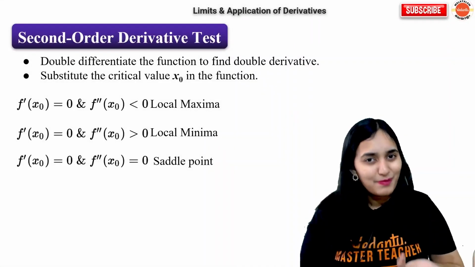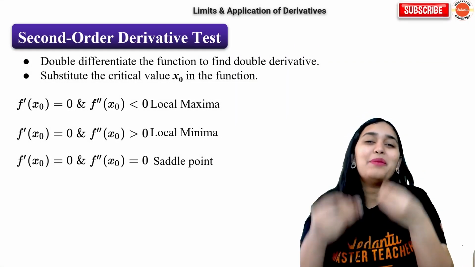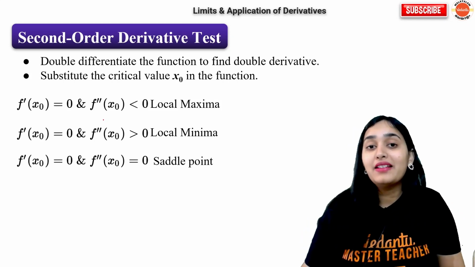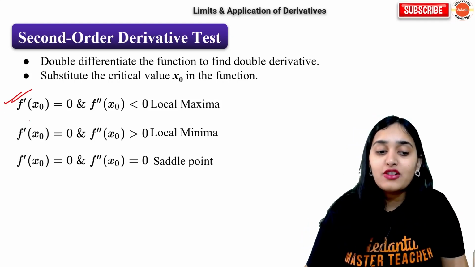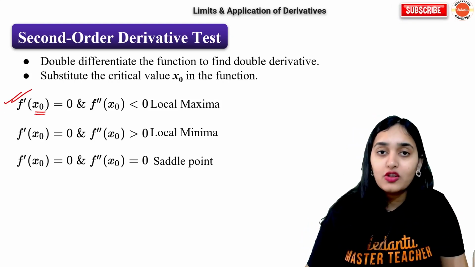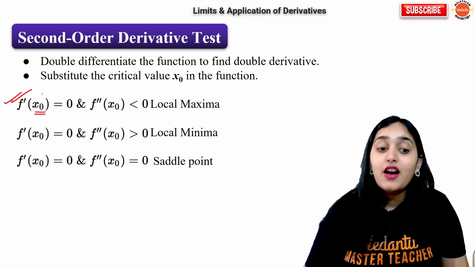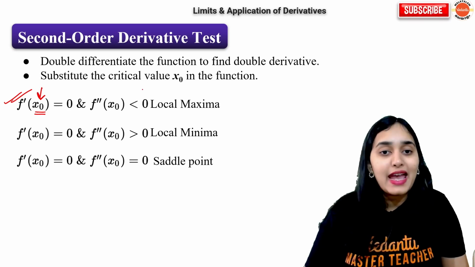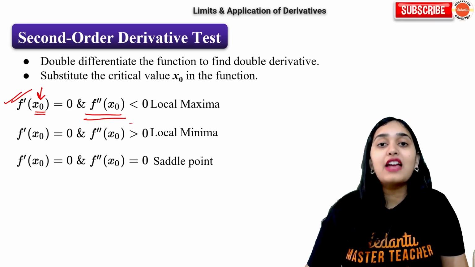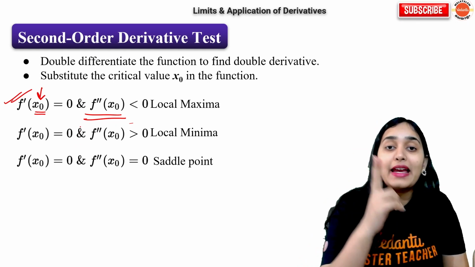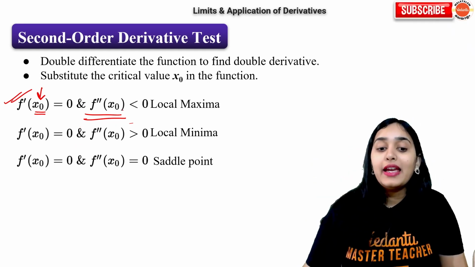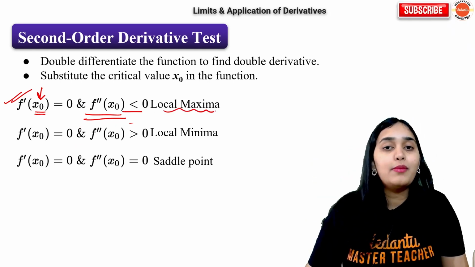Now, is there any simpler method to do this? Yes, there is a better method. You find f dash of x, you find x naught for which f dash is 0. Then, for this point, you check if f double dash of x, that is the second order derivative, is less than 0, then it is local maxima.